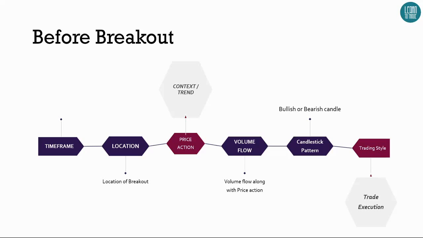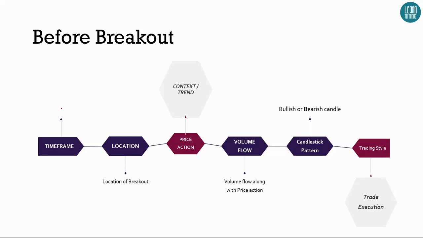So first of all, look at this mini flow chart here. As I mentioned, there are stages before breakout and after breakout. First, let's look at before breakout, what are all the stages we need to look at, and let's look at a few examples of how to look at before breakout in any stock or index.